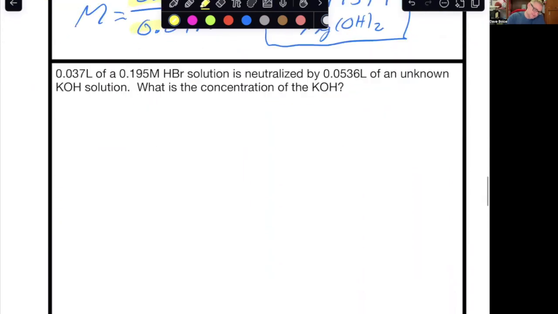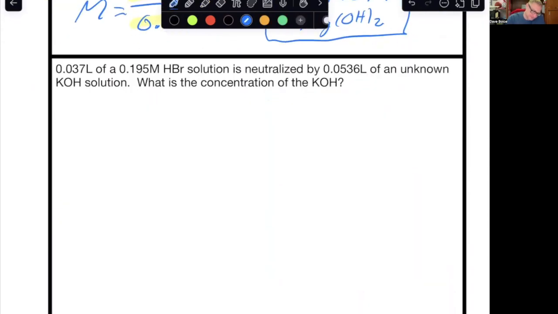Now, this next one, you can use a shortcut here. You can do exactly what I just did, and you'll be fine. You'll still answer the question correctly. It may take a little bit longer, but it's always going to work out for you. But in this case, I know that KOH is the result of K plus and OH minus, and HBr is the result of H plus and Br minus.